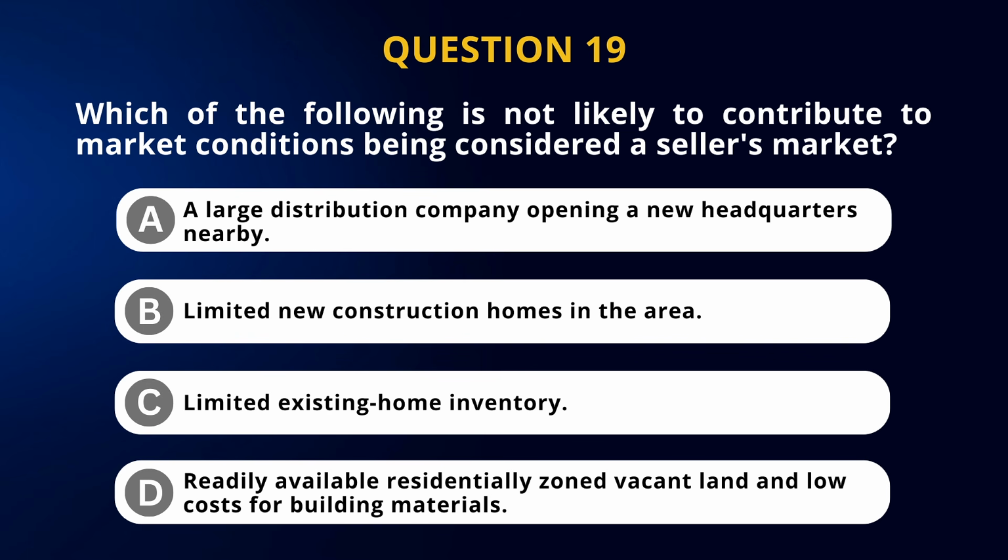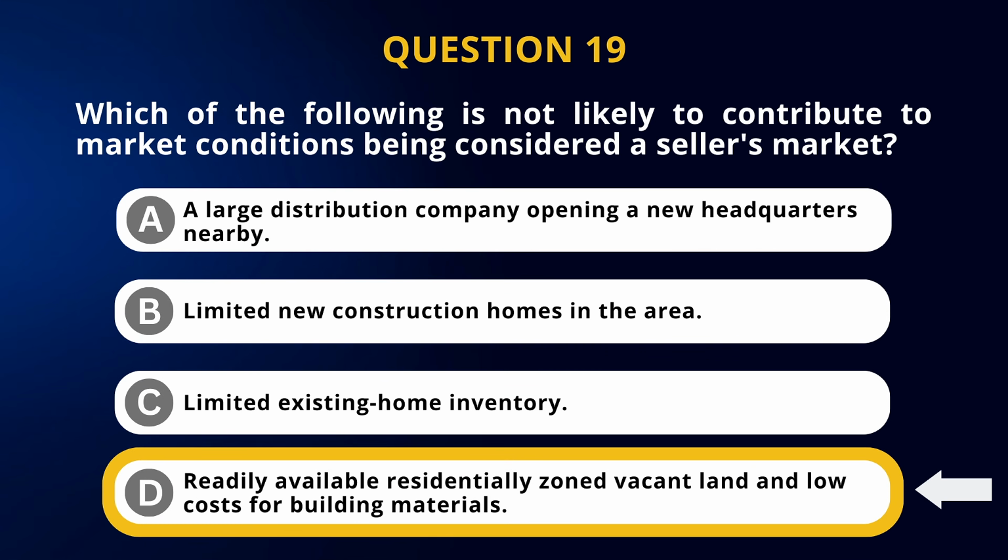Letter D, readily available residentially zoned vacant land and low cost for building materials. Which of the following is not likely to contribute to the market conditions being considered a seller's market? And the answer is letter D, readily available, residentially zoned, vacant land, and low cost for building materials.